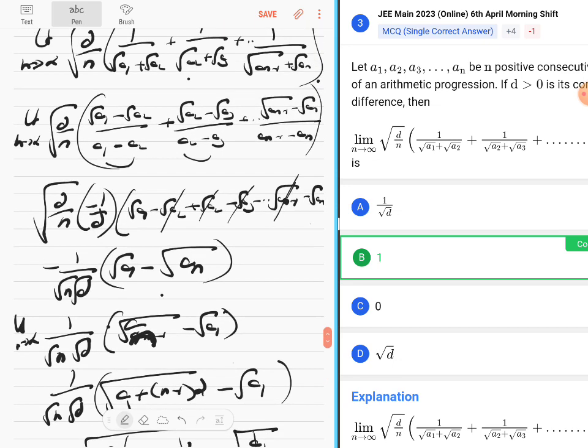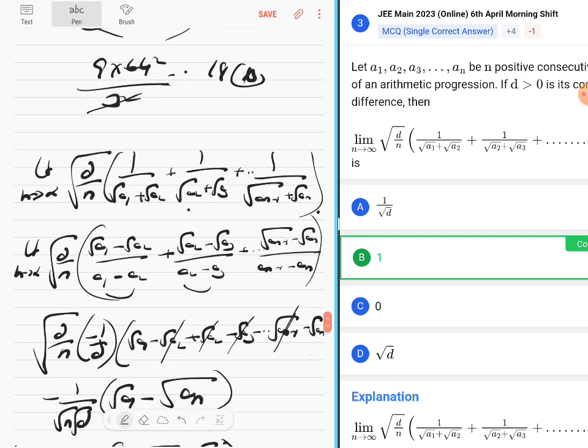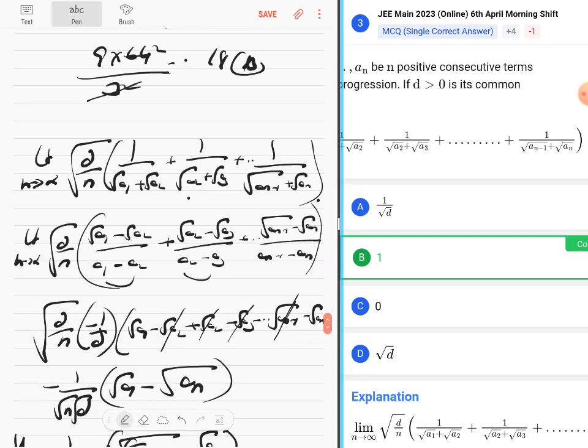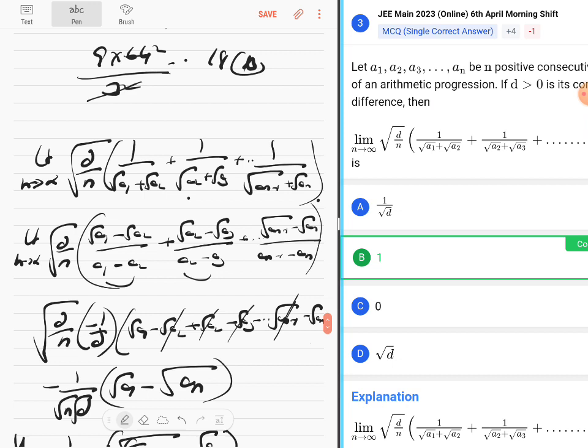Where did I miss a d? Was there a d which was already existing? No. Root d by n, rationalizing, cancelling off.